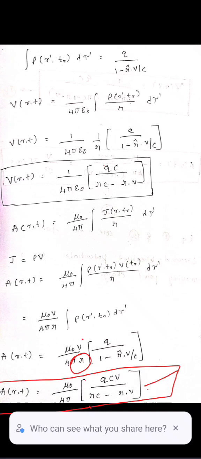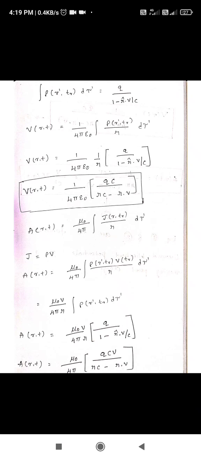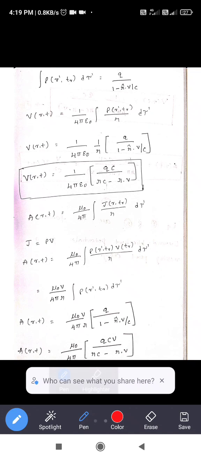After simplification we get this equation, qcv. Multiplying v and 1 over 𝓇 into the bracket, we get A(r,t) = μ₀/4π · qcv/(𝓇c − 𝓇·v). Here 𝓇 is the position vector from source to field point, and v is the velocity of the charge at retarded time.